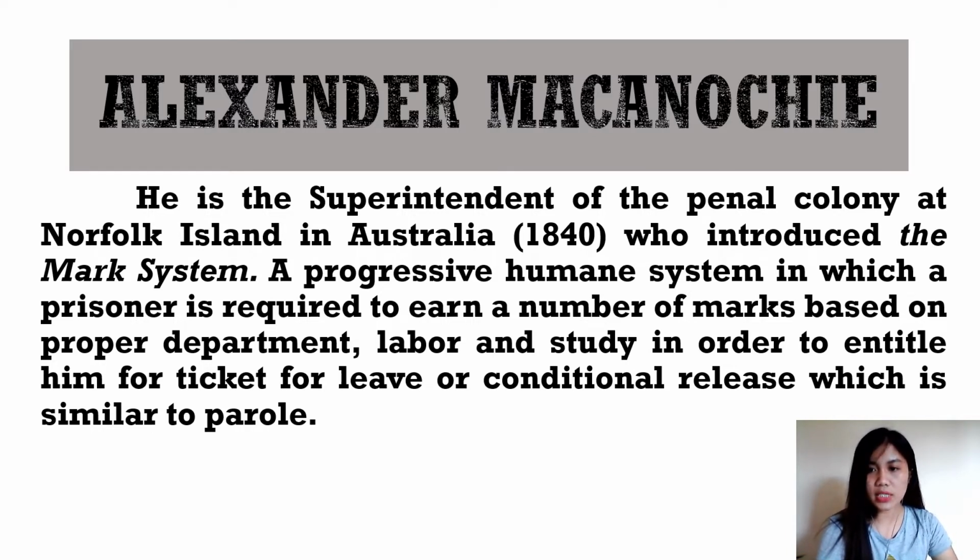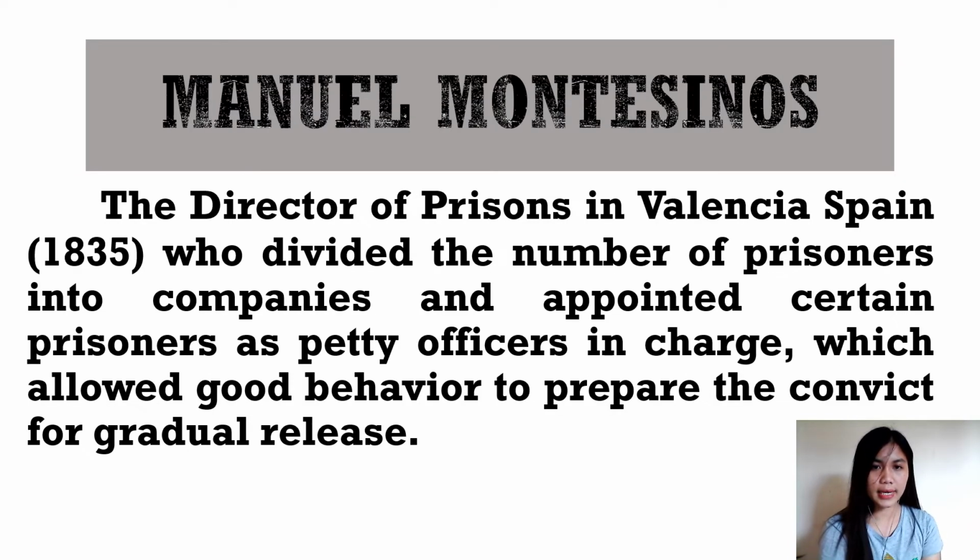He introduced the mark system, a progressive humane system in which a prisoner is required to earn a number of marks based on proper deportment, labor, and study in order to entitle him to a ticket for leave or conditional release, which is similar to parole. Maconochie.